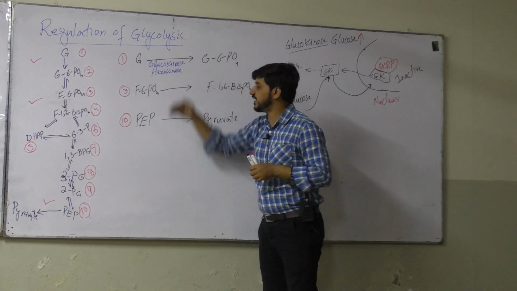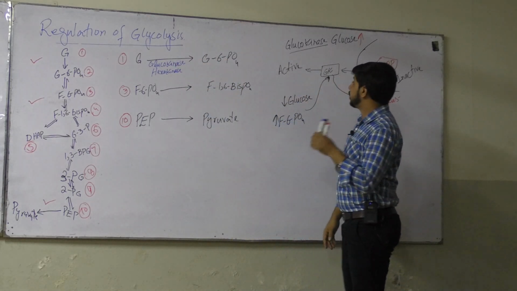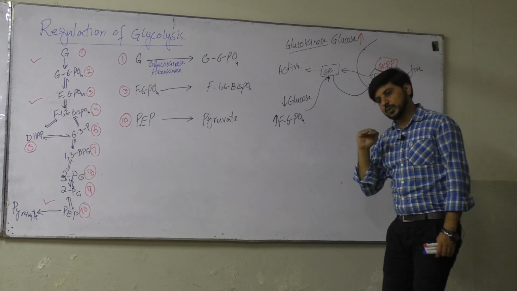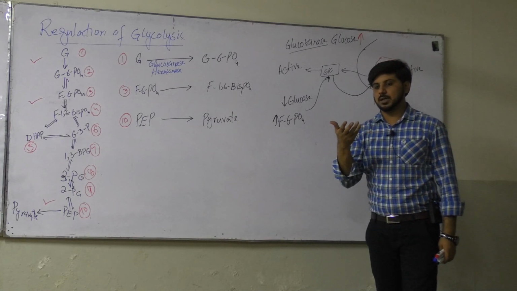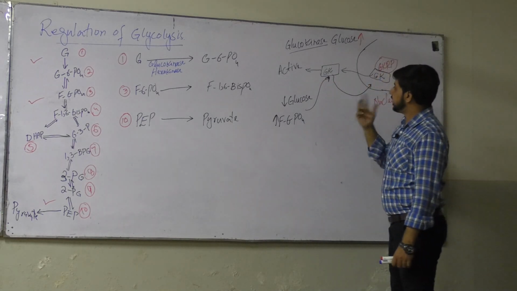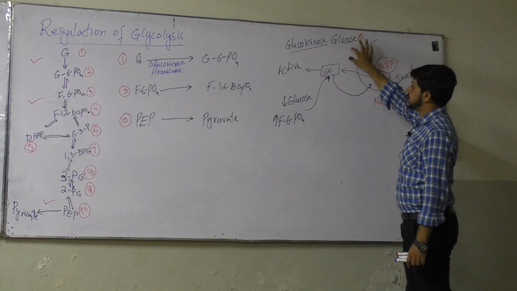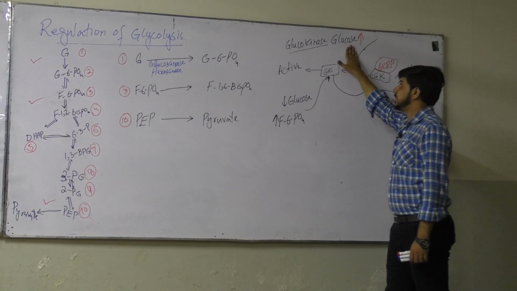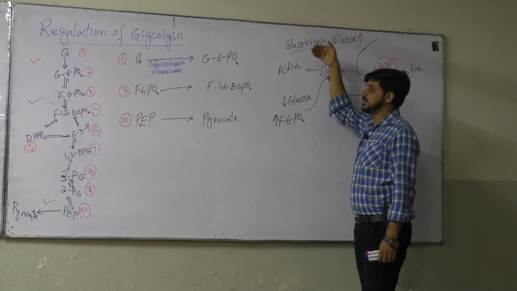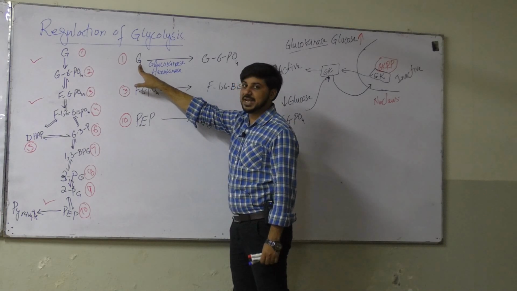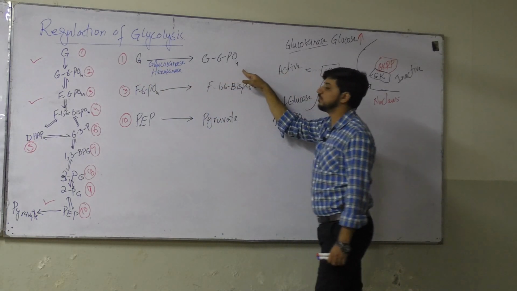And what is the significance of this glucokinase? This glucokinase is a glucose sensor. Whenever we have taken a rich carbohydrate meal, this increased level of glucose will be detected by the glucokinase. And this glucokinase will simply phosphorylate this glucose into glucose 6-phosphate.